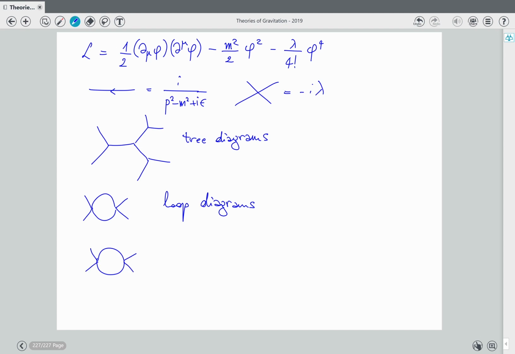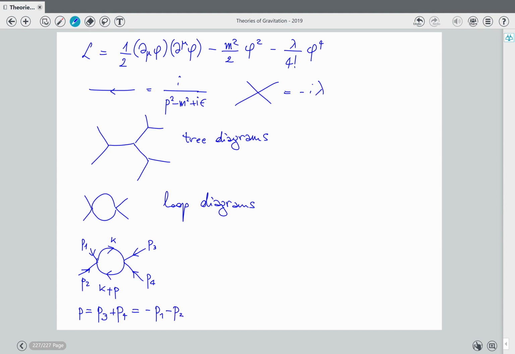You can give names to the external momenta, P1, P2, P3, P4, and then you can give a name to the momentum of some internal leg, K, and then the other momentum will be fixed by momentum conservation, where this P will be equal to P3 plus P4, which will also be equal to minus P1 minus P2.